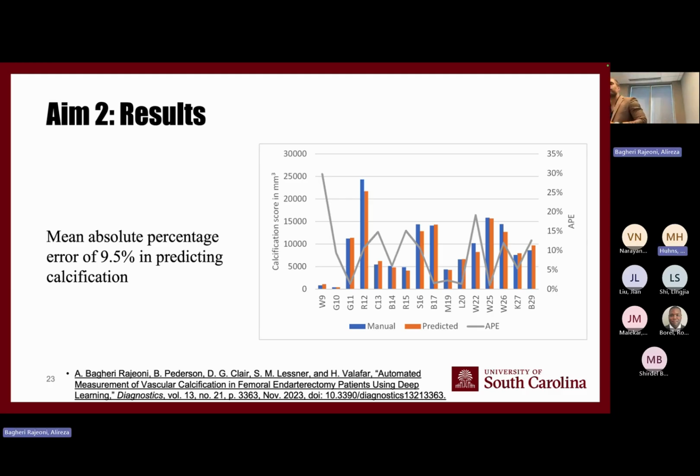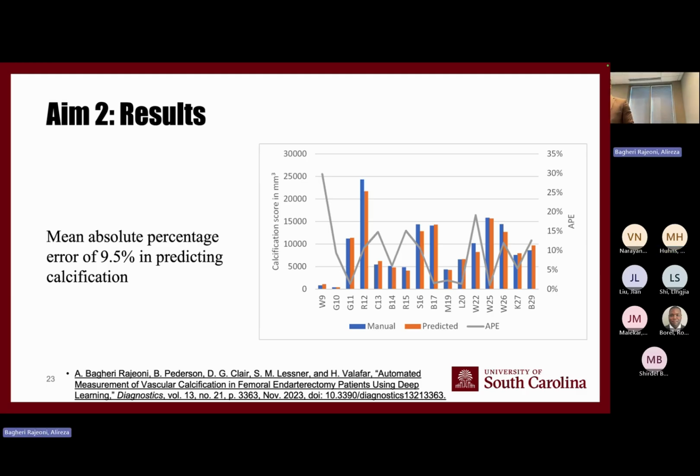Alireza, if I could ask a clarification question. The comparison of your results, what is the gold standard here? Is this based on the interpretation of experts, or is this based on some other ground truth like dissecting or surgical exploration of the calcification in arteries and veins?